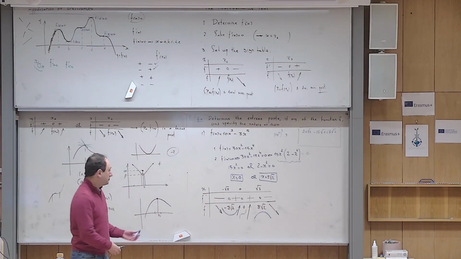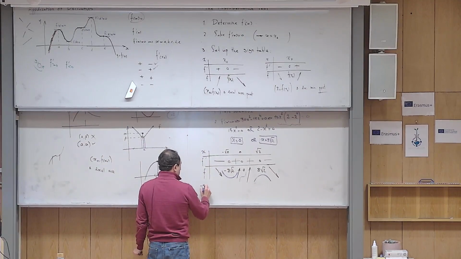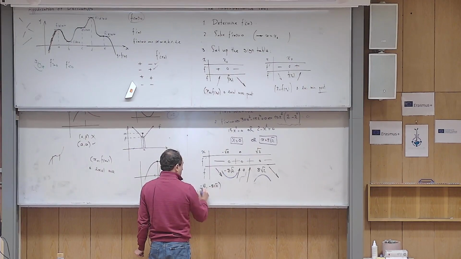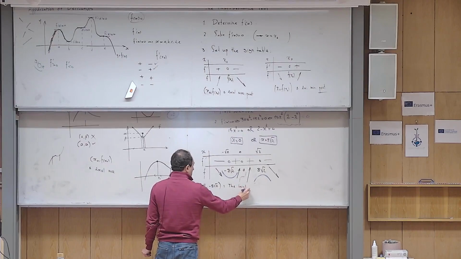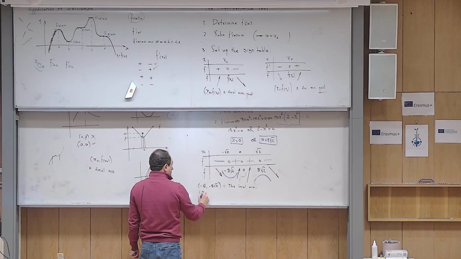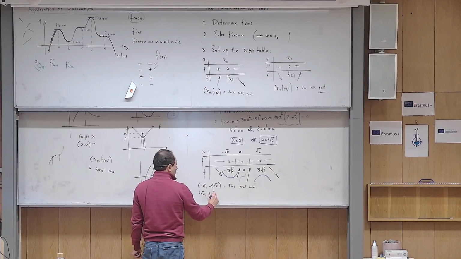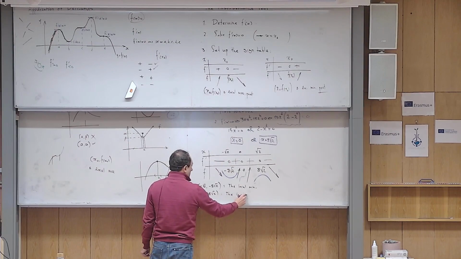So I have minus the square root of 2 and minus 8 square root of 2, the local minimum. Square root of 2 and 8 square root of 2, the local maximum.